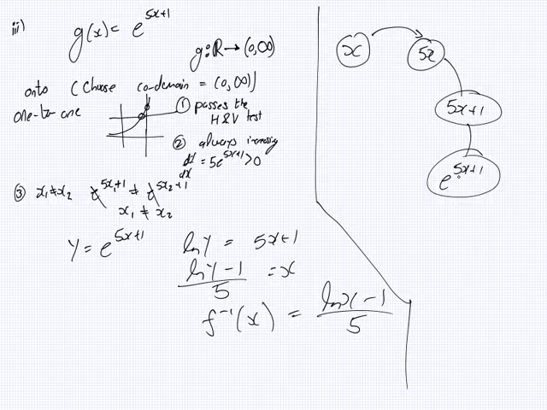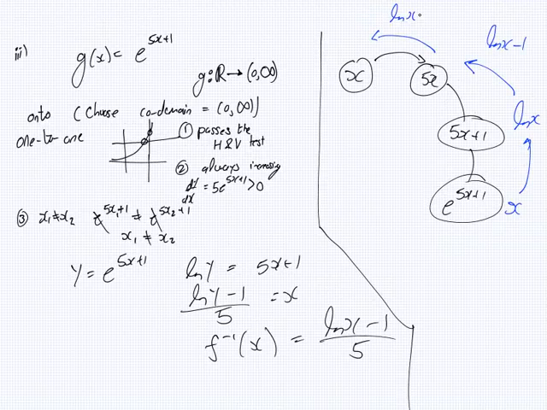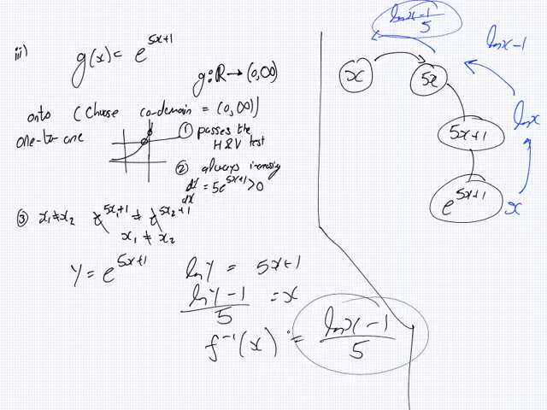And if you start backwards, going in reverse, the opposite of power e is log. The opposite of adding 1 is minusing 1. The opposite of multiplying by 5 is dividing by 5. So you get the same answer that you got here for the inverse function.